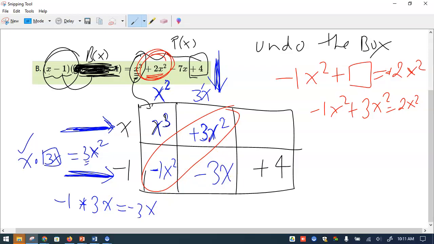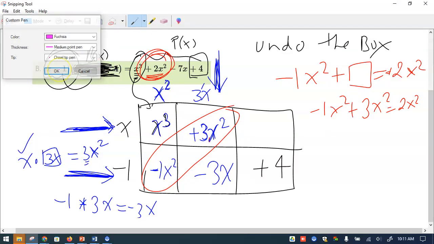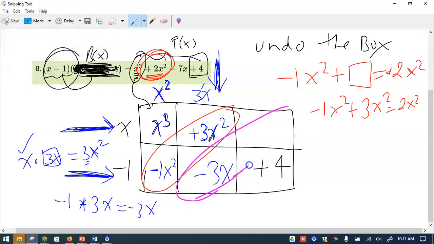Okay. And finally we have to see, okay, I'm going to use another diagonal visual representation. Look at this. So this time, this is already minus 3x, right? So what should I put in the question mark here? What adds there to get this minus 7x?